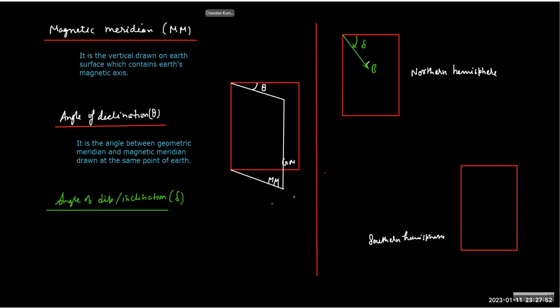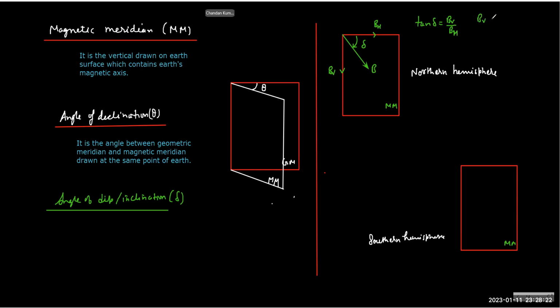And this B will have two components, one will be BV, another is BH, and you can clearly see that tan delta is BV upon BH, right?